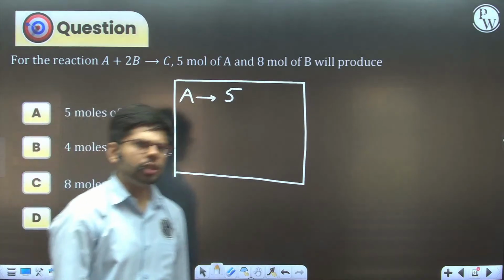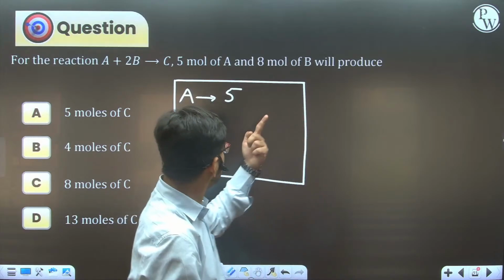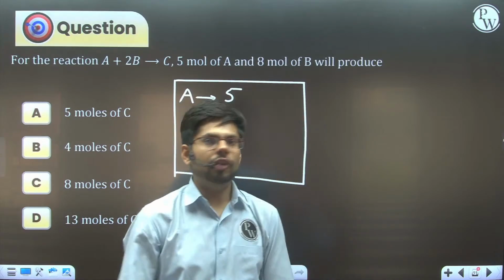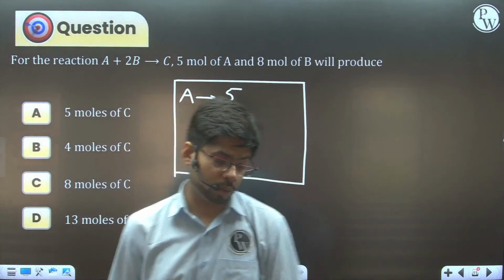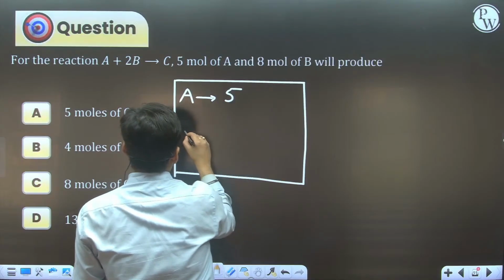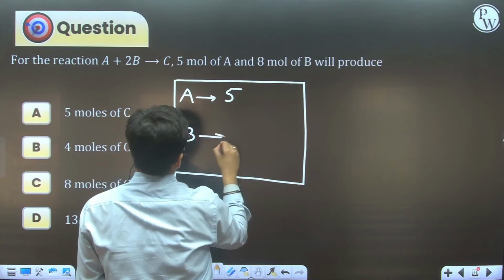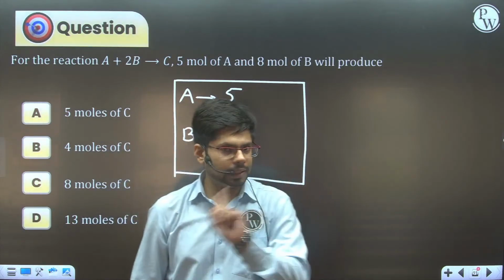In the question, whatever they have mentioned, that is initial quantity, because we had started with 5 moles of A and 8 moles of B. We don't know how much of A has reacted, how much of B has reacted. All those things need to be found out. Right. 5 moles of A. And for B, it is 8. One more thing. We need moles, not grams.